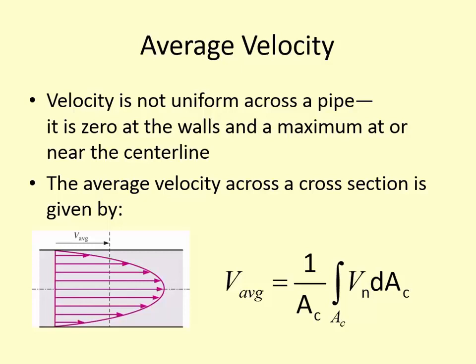Similarly with velocity, the velocity is not always uniform across a pipe or an opening. In many cases, it's actually zero at the walls, and it is some maximum at the center due to frictional forces at the walls and boundary layer flow and things like that. But we can take an average velocity, which is 1 over the cross-sectional area times the integral of the normal velocity across the cross-sectional area.